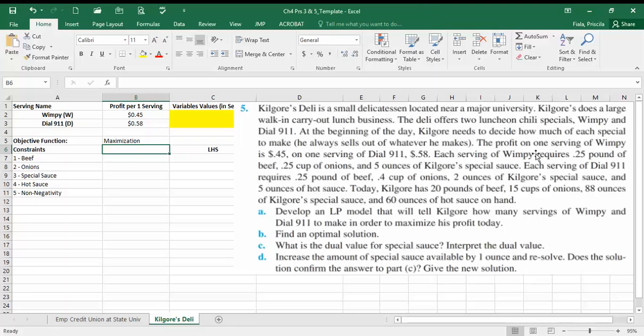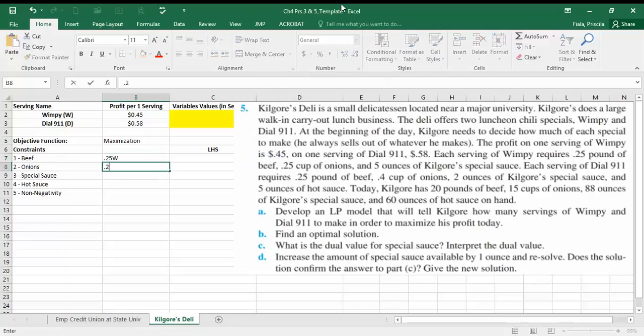So let's go ahead. The profit on one serving of Wimpy. Each serving of Wimpy requires 0.25 pound of beef. So the best way I put it here, the constraints, and I'm going to do that. We have 0.25 Wimpy for beef.